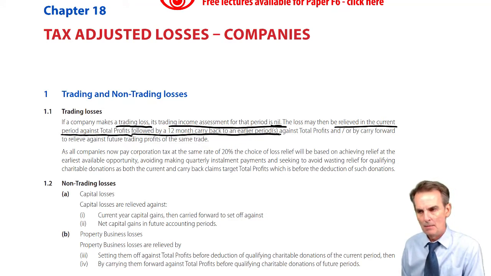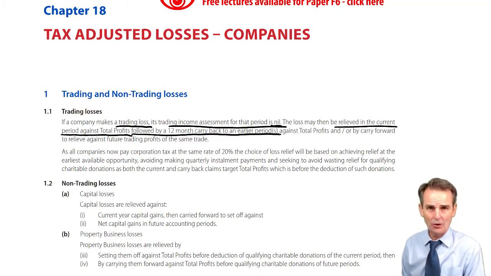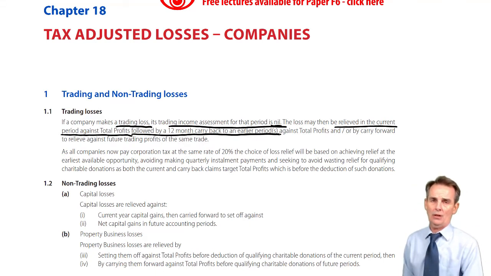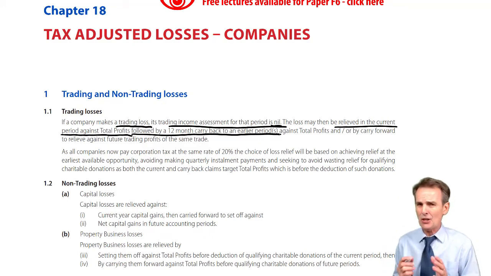But if, for example, having made a loss in the current period, we discover that the previous chargeable accounting period was less than 12 months, which we know it could be, a change of accounting date could have occurred, for example, then the carryback is still 12 months.